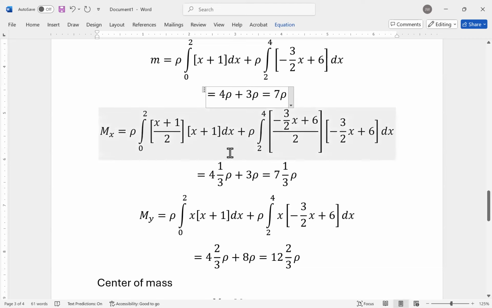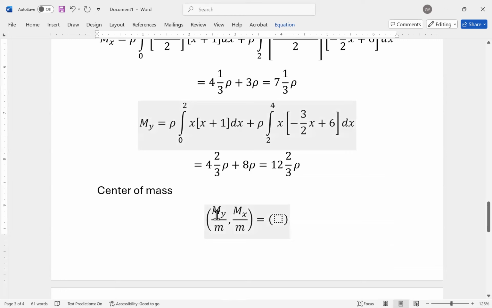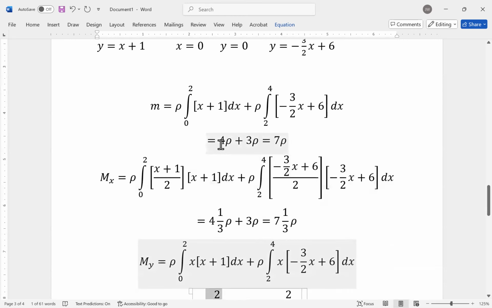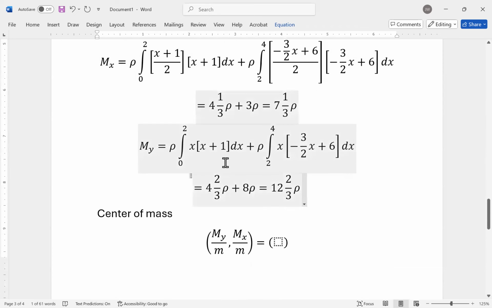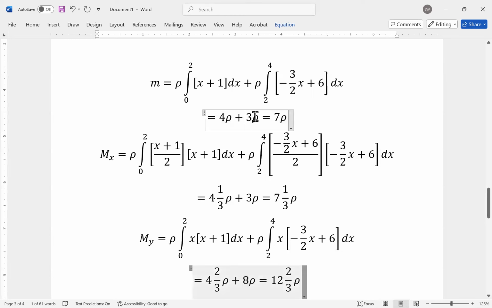Now, the one thing that sometimes people will screw up is they will take, to find the x value, they'll take this 4 and 2/3 and divide it by this 4 and divide this 8 by this 3. We shouldn't do that.